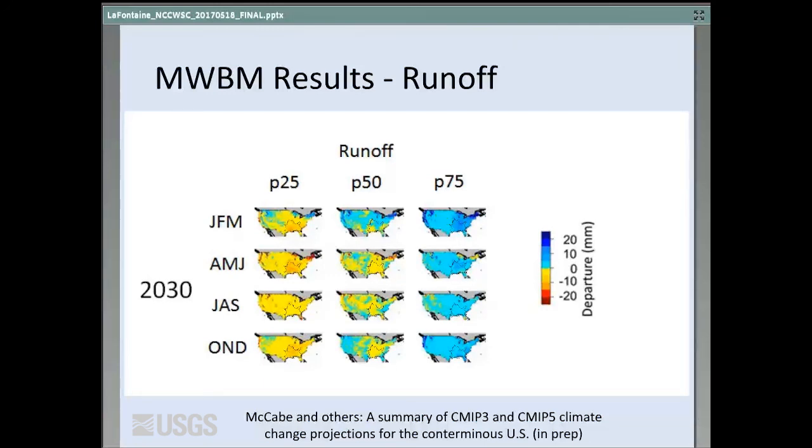We see that runoff has the same type of response, where it could be drier or it could be wetter, depending on the realization of the downscaled GCMs, and which ones we select for our area, or if you take the whole range and you plan accordingly for potential increases or decreases.